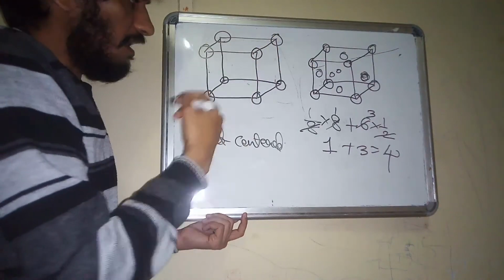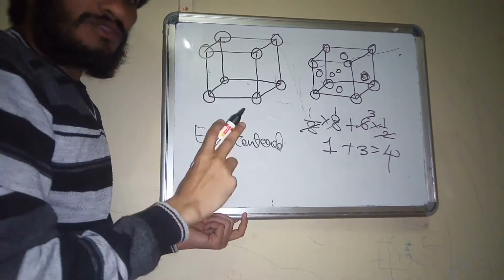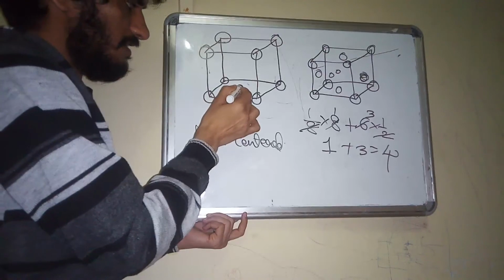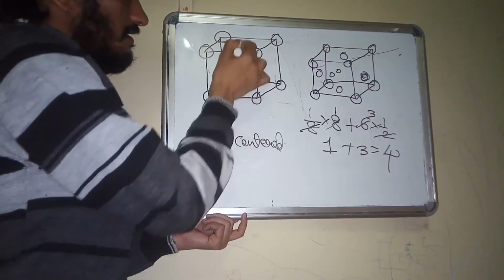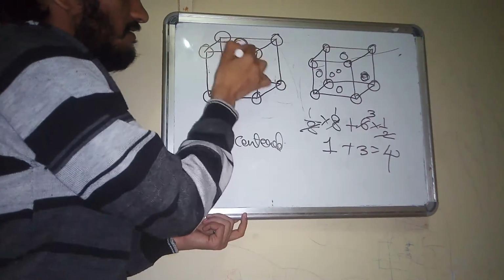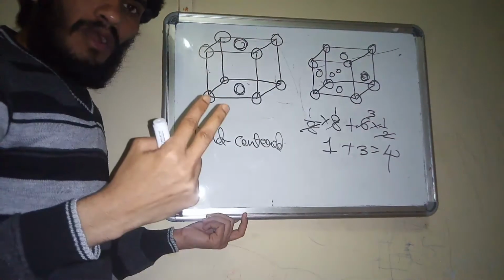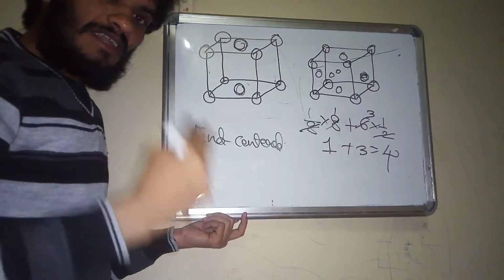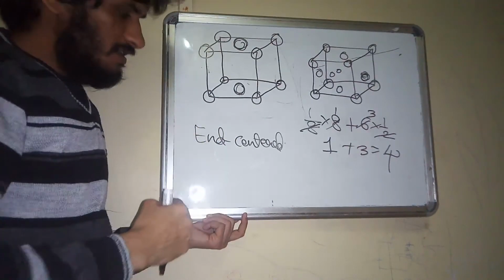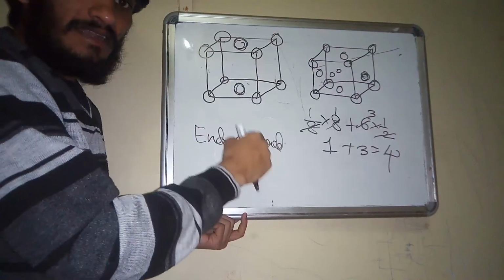These both are opposite. You take any two opposite sides, say we take the bottom side. In this face one atom is present, and in the top face another atom is present. That means 2 lattice points are present on two opposite sides. This type of unit cell is called an end centered unit cell.